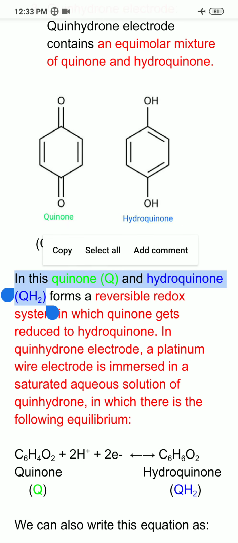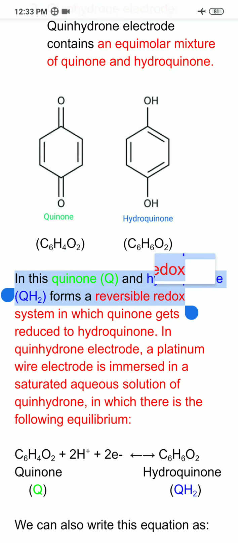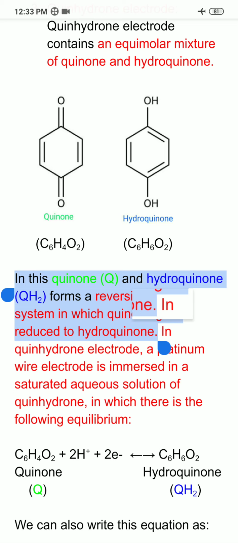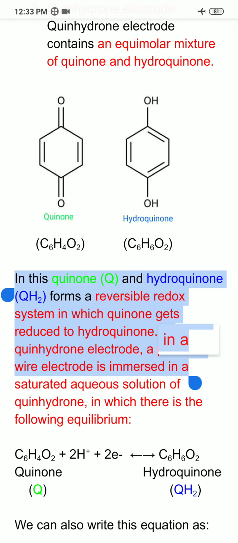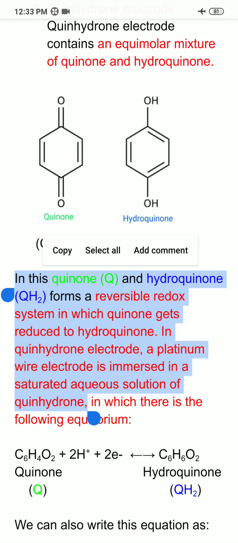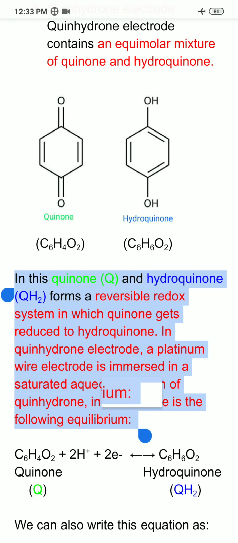So this mixture of quinone and hydroquinone forms a reversible redox system in which quinone gets reduced to hydroquinone, as I told you earlier. And in quinhydrone electrode, a platinum wire or electrode is immersed in a saturated aqueous solution of quinhydrone, in which there is the following equilibrium.